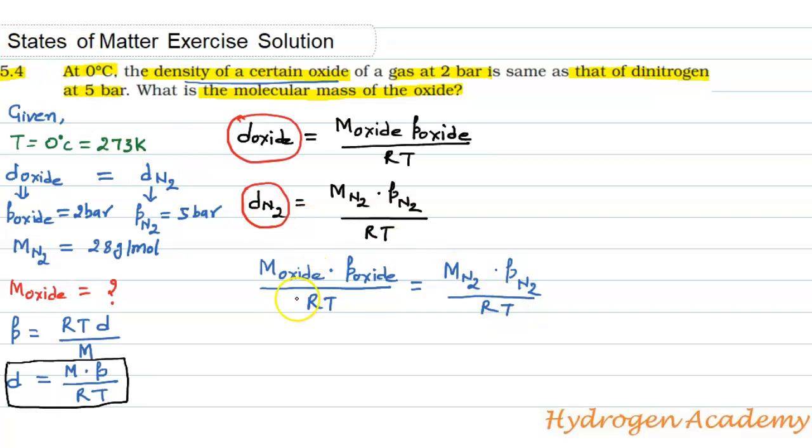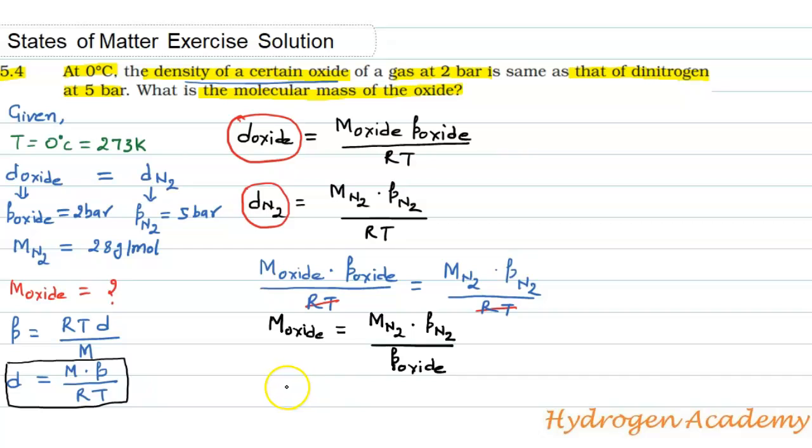Now see the equations. RT will cancel out, and here we can write this equation in terms of the molecular mass of oxide is equal to molecular mass of nitrogen into pressure of nitrogen divided by pressure of oxide.